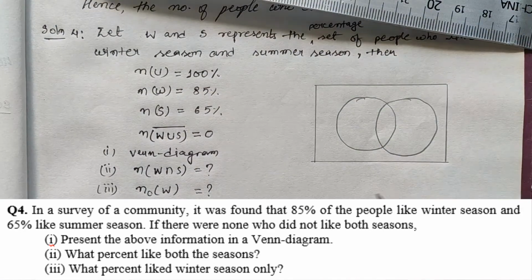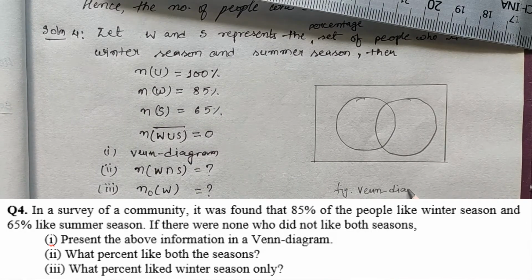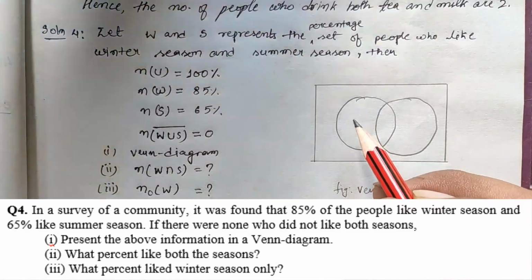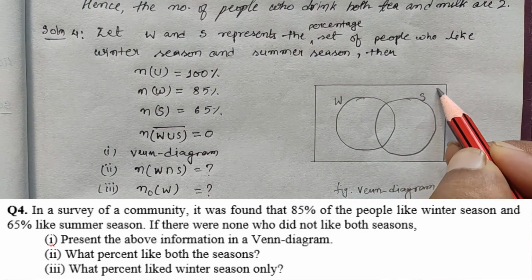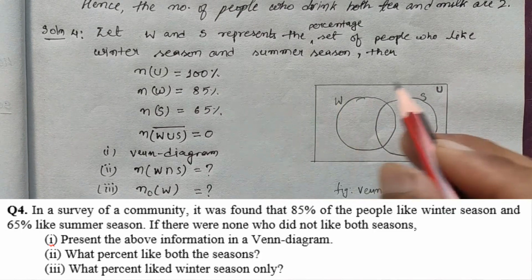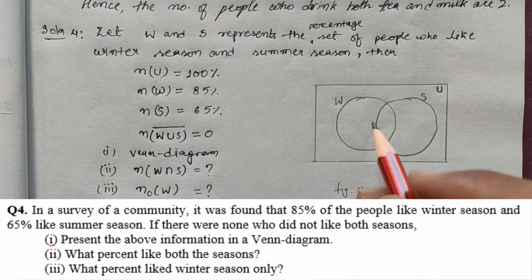So this is the Venn diagram here. This represents W, who like winter, and S, who like summer, and U is the universal set. Everything inside this rectangle represents the universal set.